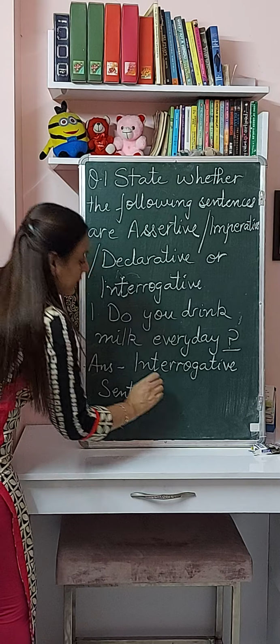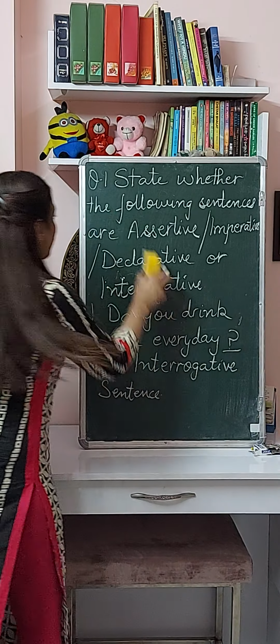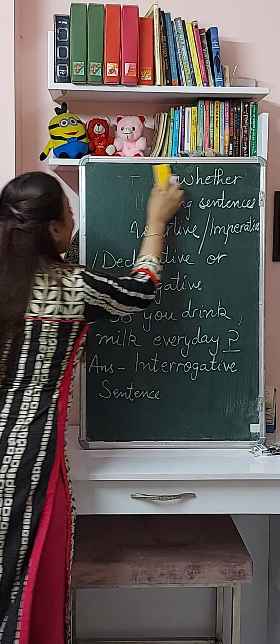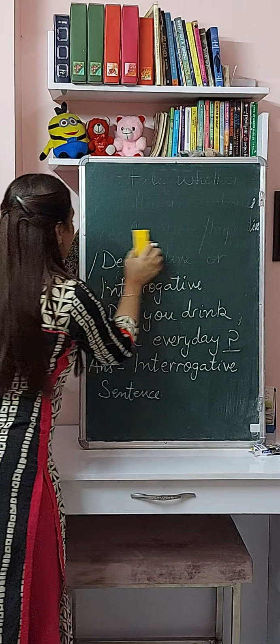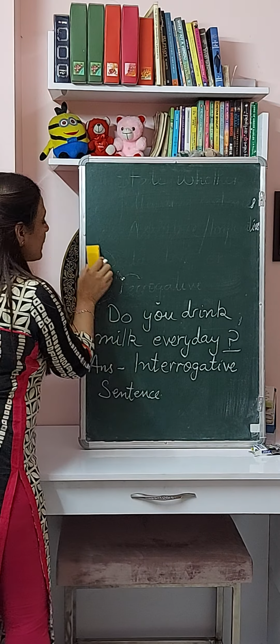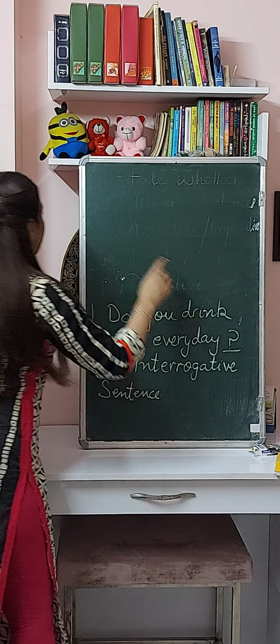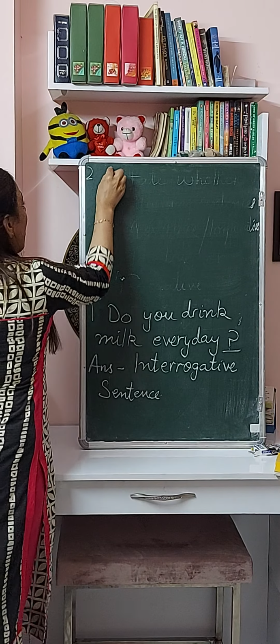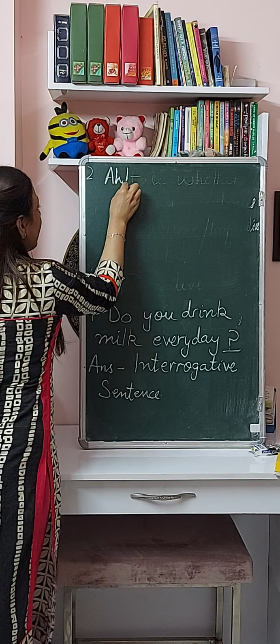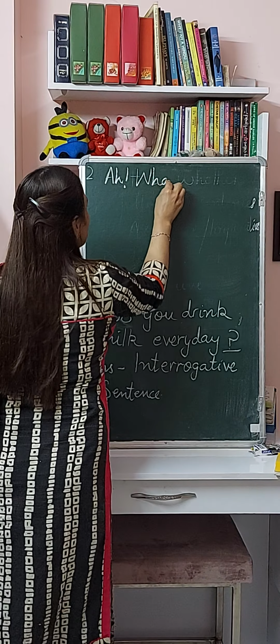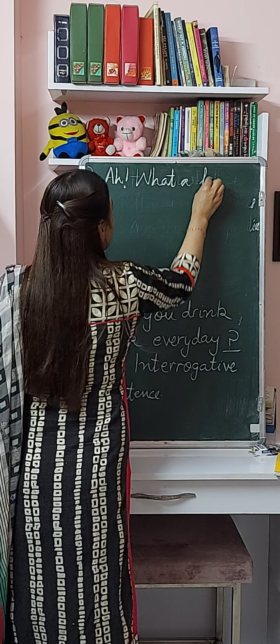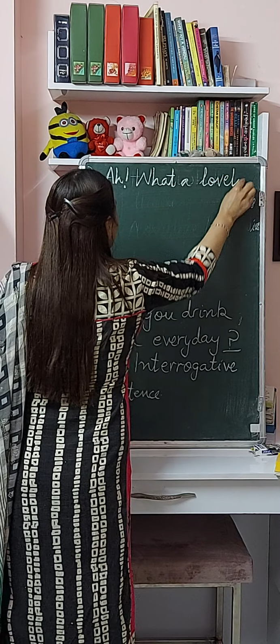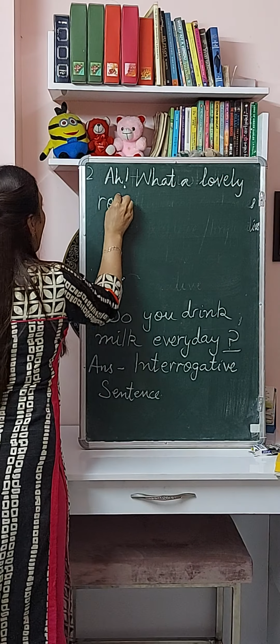Alright. Now next we will move on to the second sentence. You keep on writing the sentences side by side so that you may be able to practice along with me. Alright. Now moving on to the second sentence, we have, what a lovely rose.